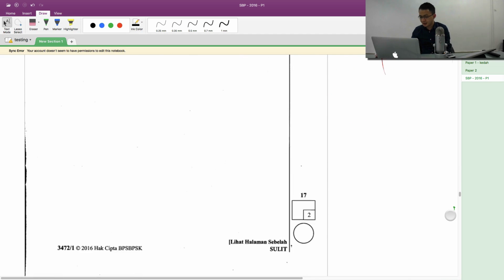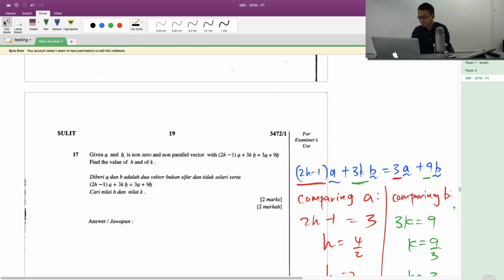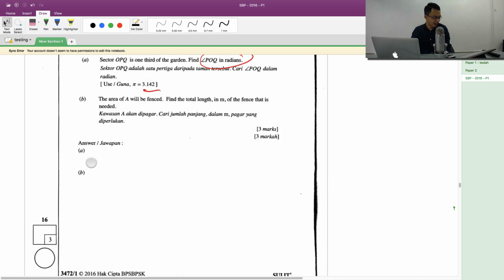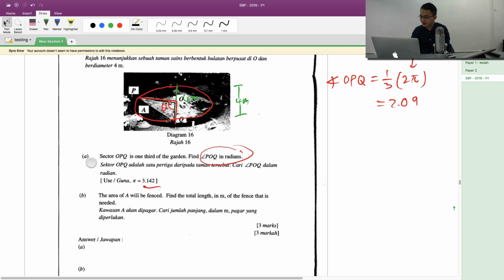Yes, is there anything you want to tell me? For question 16, yes. What happens for question 16? Part B, the fencing thing, right?